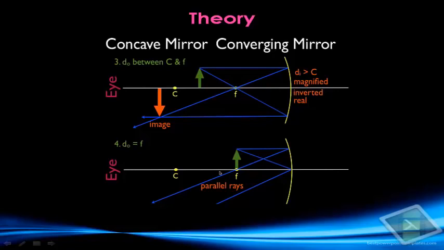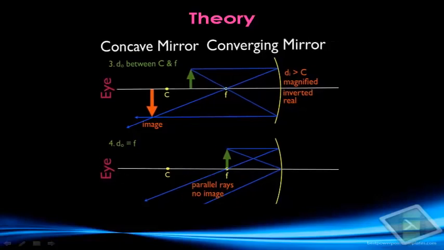In order to get an image, as in the previous three examples, the light rays must converge. They must cross. Parallel rays don't cross. Therefore, when the object is at the focal point, when DO equals F, there is no image at all, because those light rays are parallel. Okay, so we drew that one a little differently, but it's the same general idea.